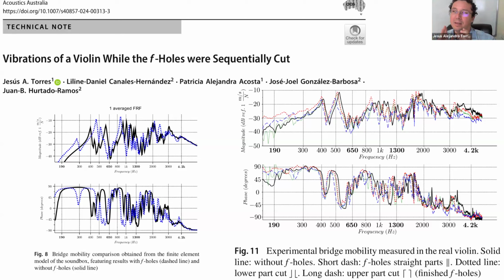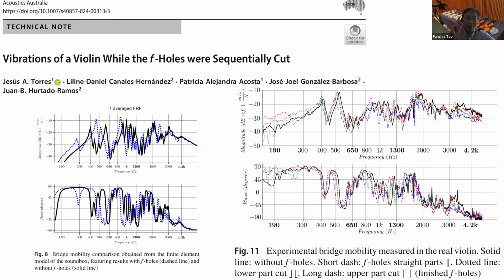But the important thing in studying the bridge hill is that the bridge hill is saying a lot of the predictions about the sound radiation. So trying to find bridge hill on guitars will be another very different topic, I think. And I want to comment that.